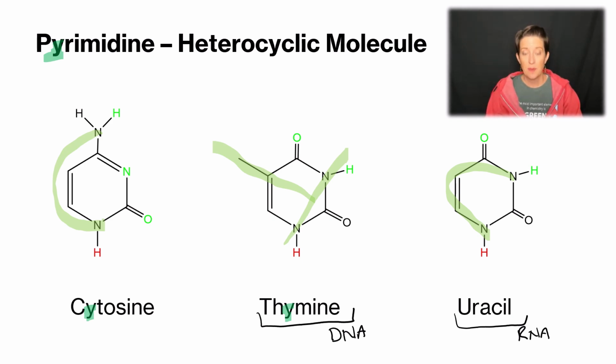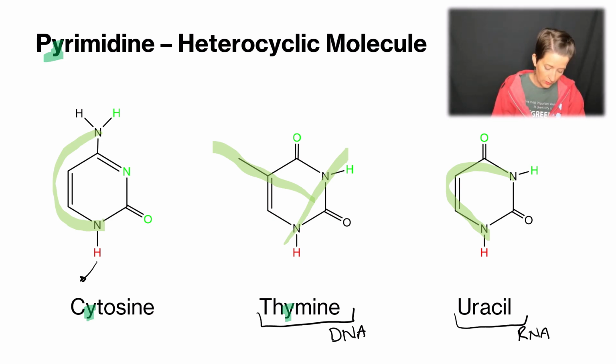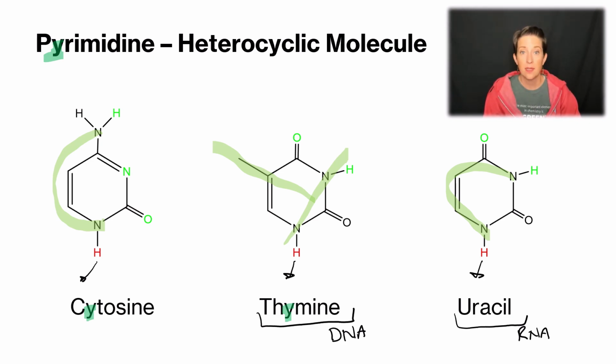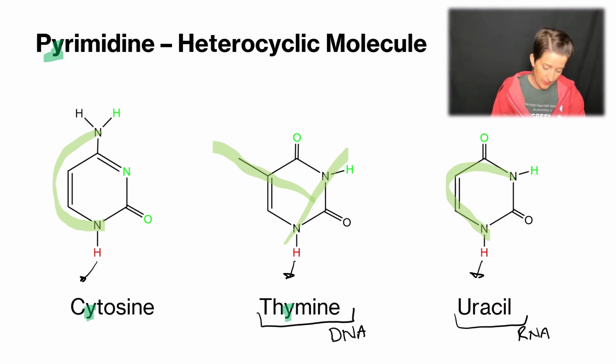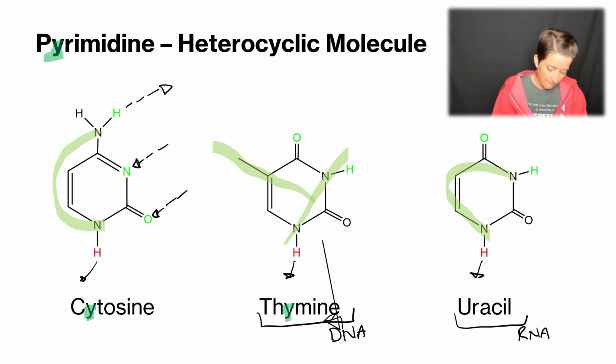Looking at these structures, remember that the red hydrogen is what bonds to the ribose molecule. And the green atoms are what then form the hydrogen bonds with their complementary base pairs. Cytosine has 3 green atoms, which means it can form 3 hydrogen bonds. It's got 1 hydrogen bond donator and 2 hydrogen bond acceptors.